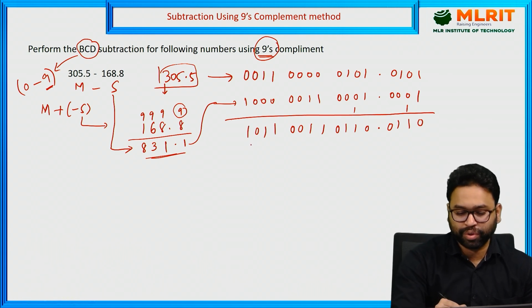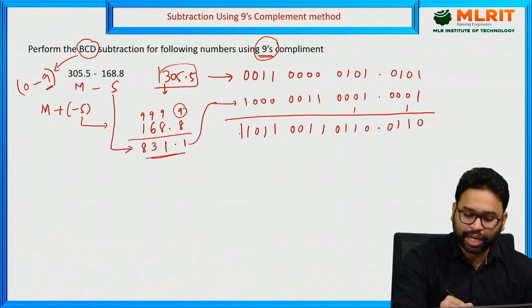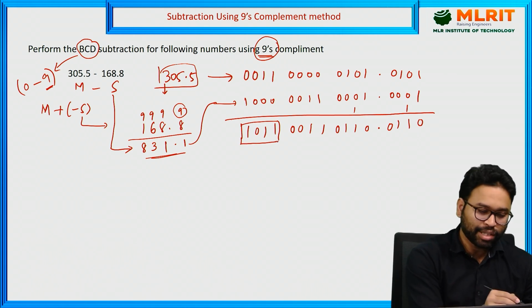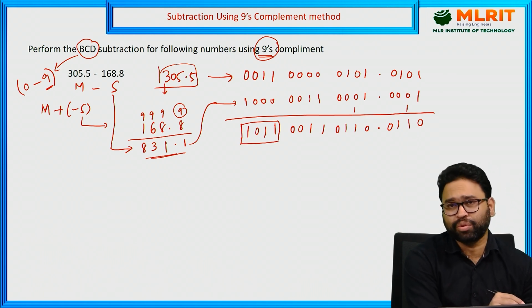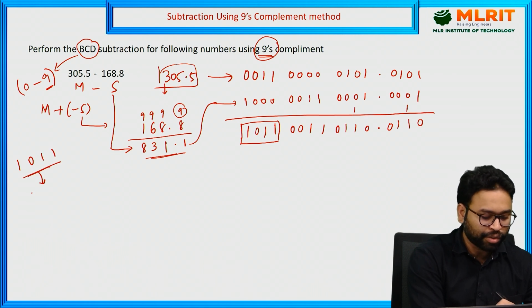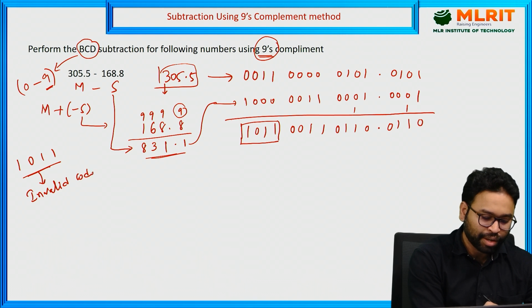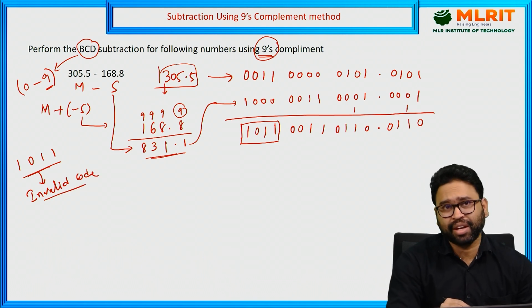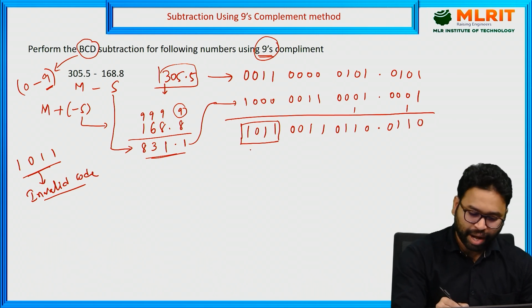Now if you observe the resultant sum, it is generating an invalid code. In case of BCD code, this 1011 is an invalid code. So whenever you're performing subtraction or addition, if it is generating an invalid code, you're supposed to add.